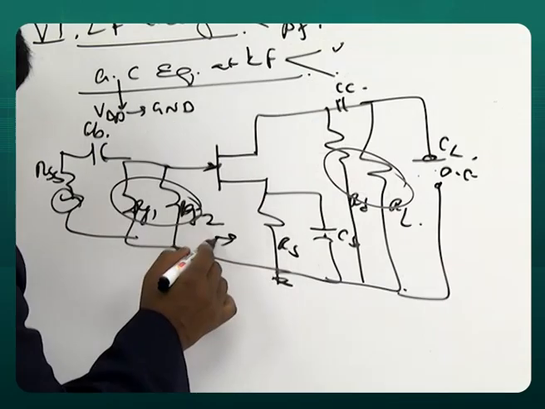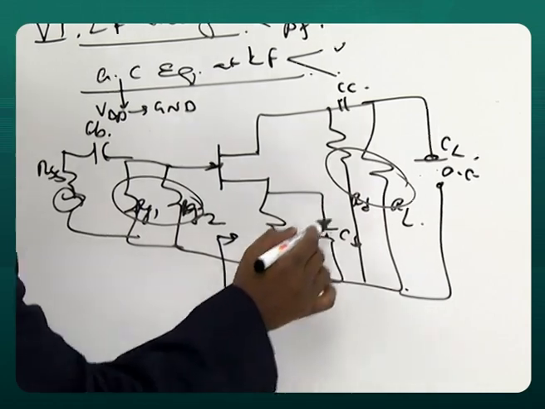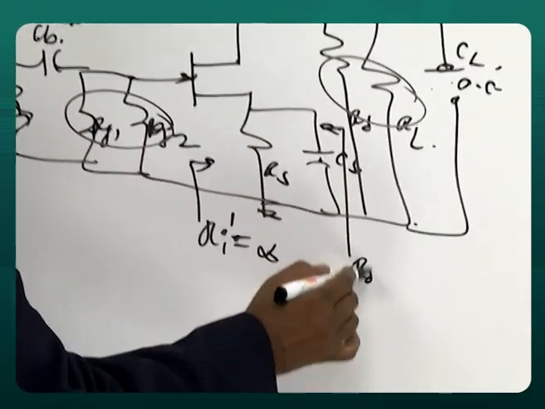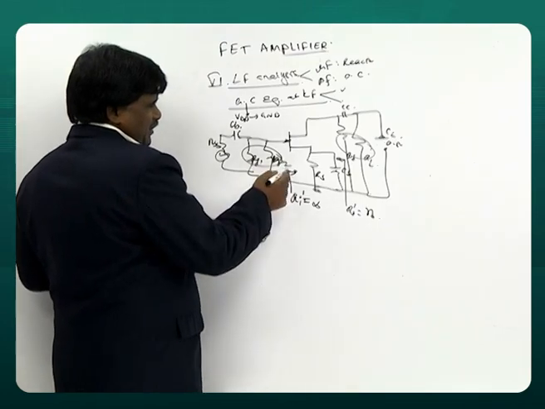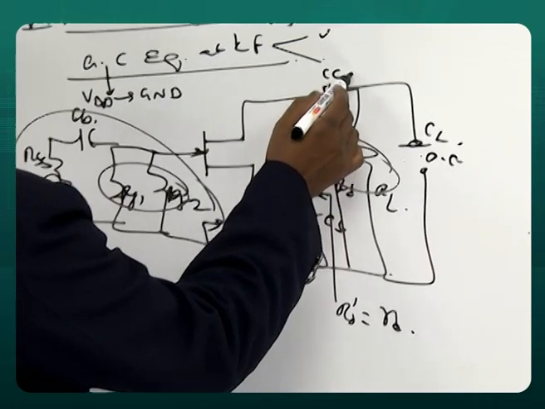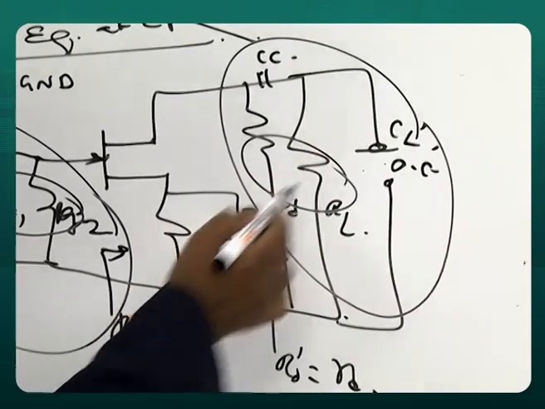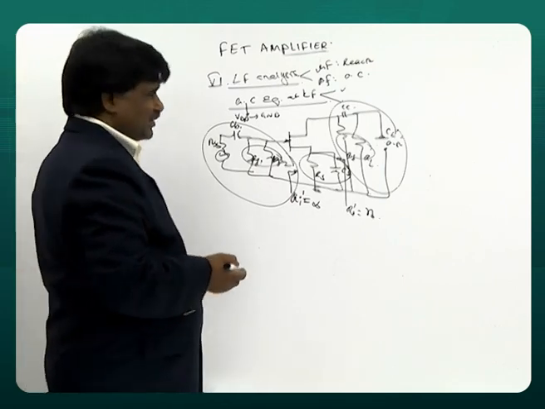And how much resistance is here? We called it Ri dash infinity. How much resistance here? R0 dash small rd. Now make use of this. This circuit decides CB. This circuit decides CC. This circuit decides CS. Three capacitors will come.